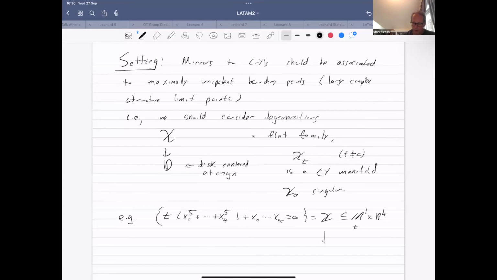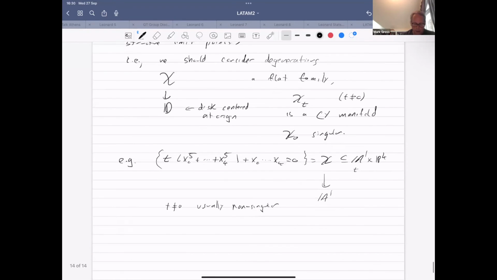And this maps down to A^1 by projection to the t coordinate. For t non-zero, this is usually non-singular. There might be some singular fibers, but usually non-singular. And if we take a small enough disk centered around the origin, we can assume all fibers are non-singular. But for t equals 0, we get just the equation x_0 through x_4 is equal to 0. We get the union of coordinate hyperplanes.